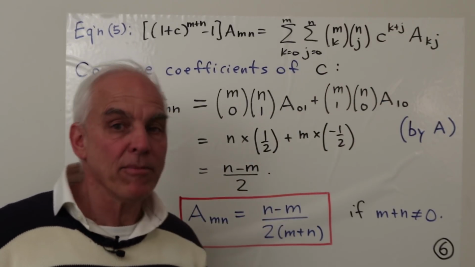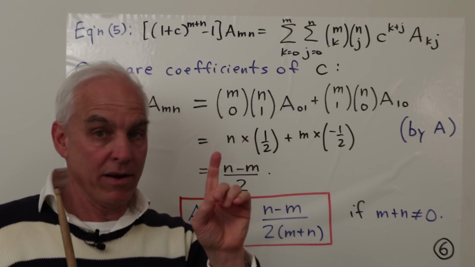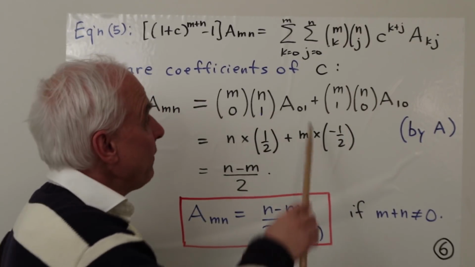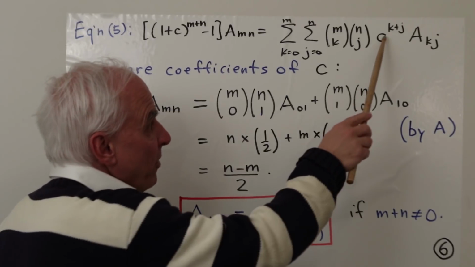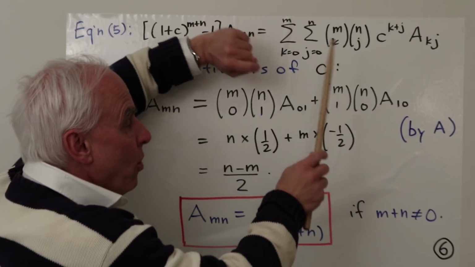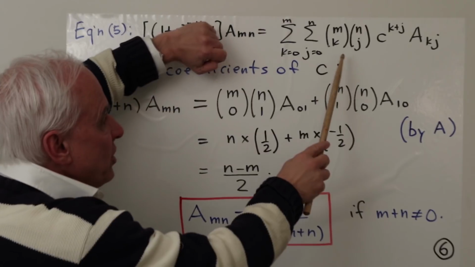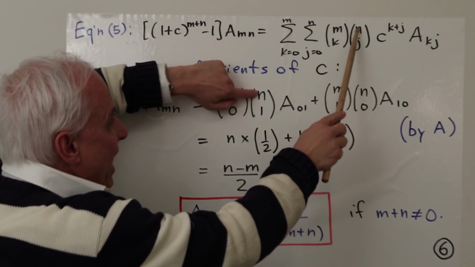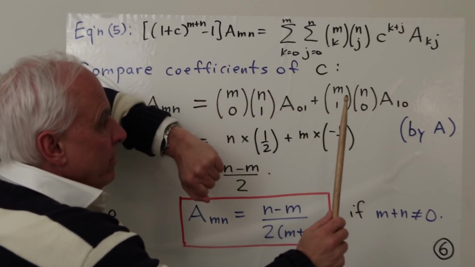In all these double sums, where are we picking up a single power of c, c to the 1? Well, there's only two ways of forming a total of 1 if you're allowed to use numbers from 0 to m and from 0 to n. You can form this 1 by taking a 0 here and a 1 here, or a 1 here and a 0 here. So when we choose a 0 and a 1, there's going to be an m choose 0 times an n choose 1 times a sub 0,1.